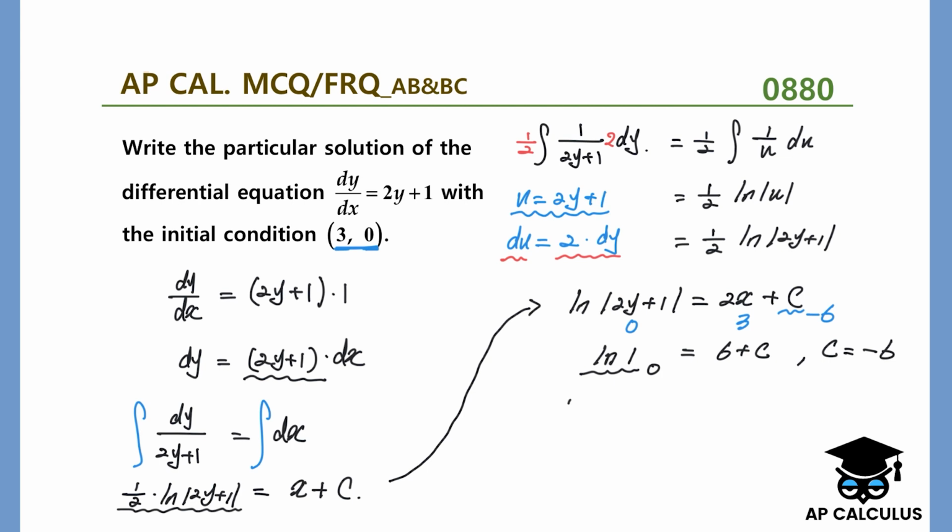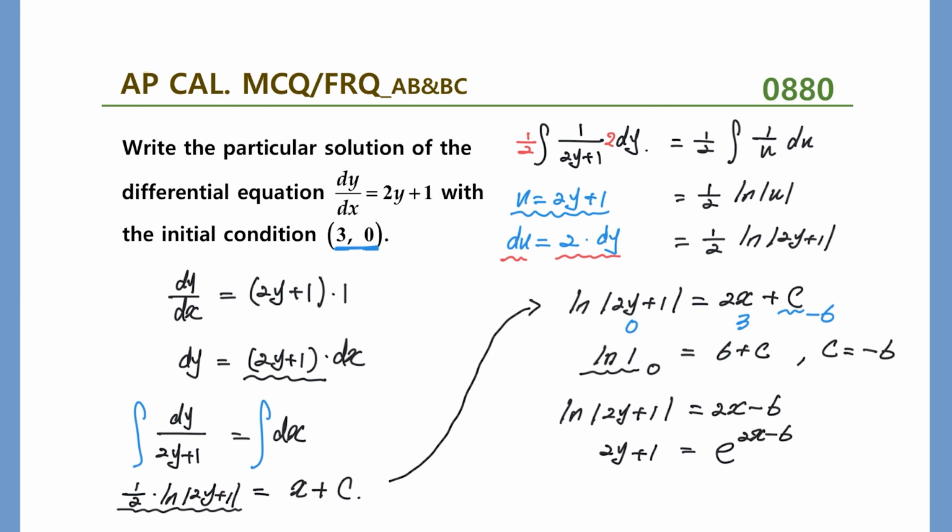So we have the equation: natural log of 2y plus 1 is equal to 2x minus 6. Then if we solve for y, 2y plus 1 is equal to, using the definition of logarithm, e to the power of 2x minus 6, right?